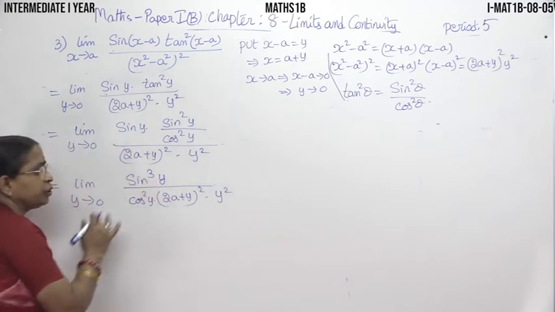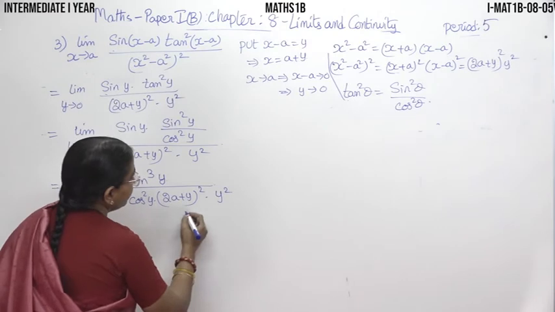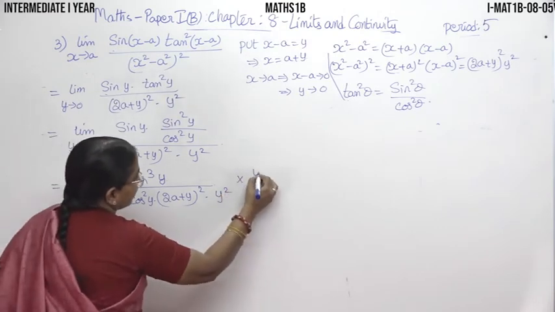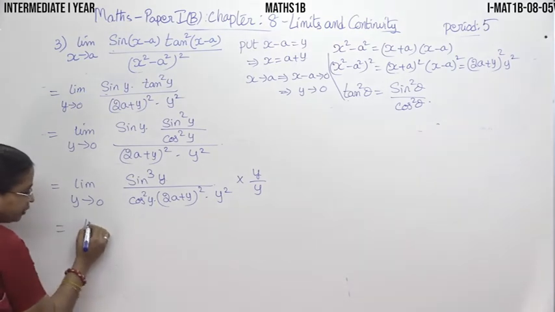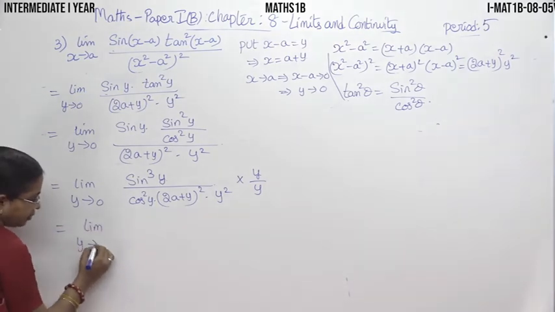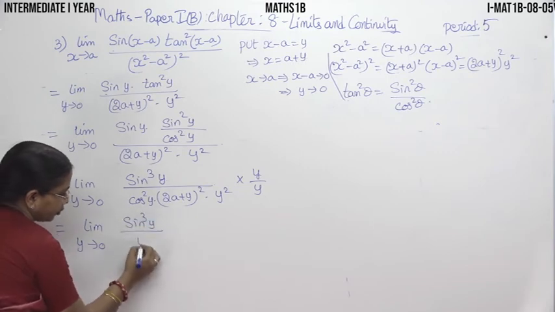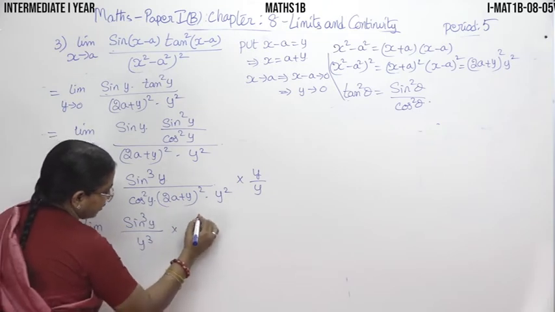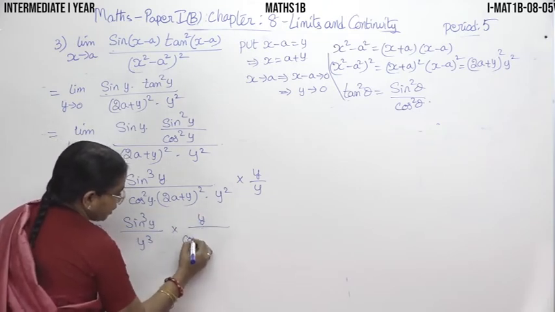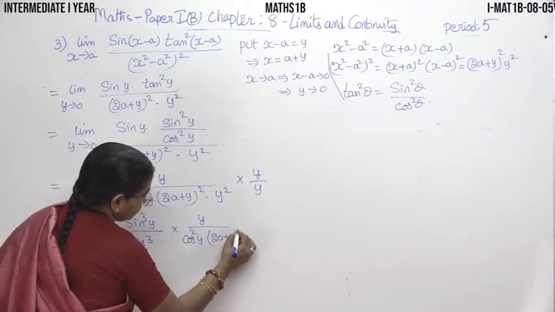Now we have sin cube y. When we have sin cube y, we should have y cube in the denominator. So we'll multiply and divide by y so that it is in the standard form. So we'll write limit y tending to 0 of sin cube y by y cube, y square into y cube. The rest we'll write separately: y by cos square y into 2a plus y whole square.